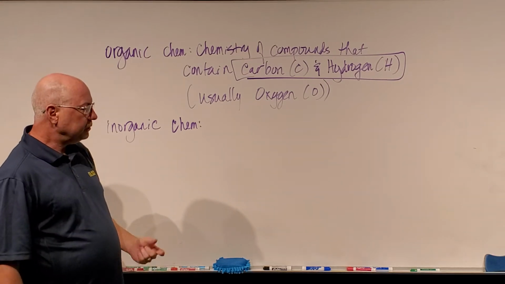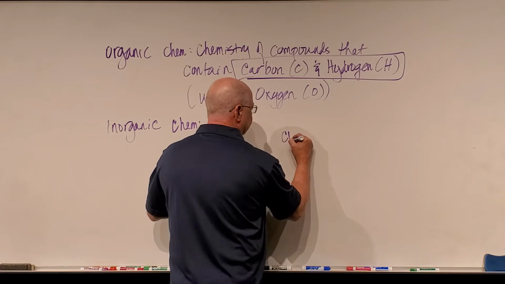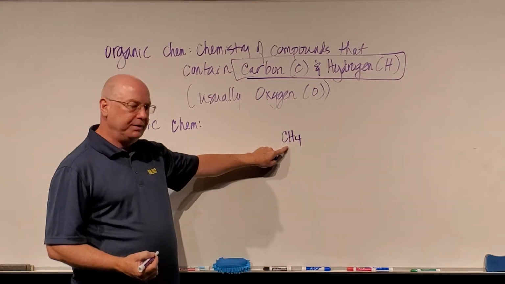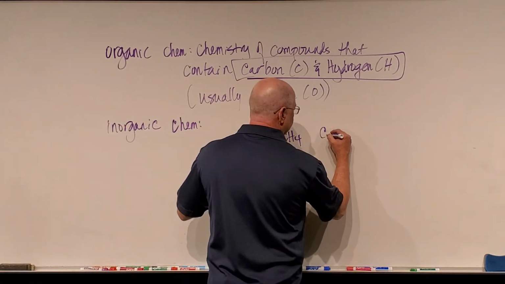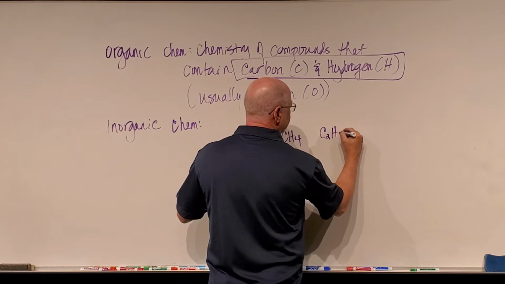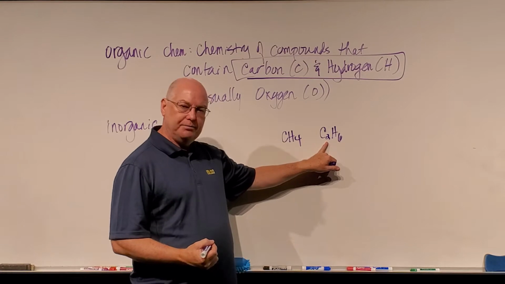So, if I gave you the chemical formula for something, CH4, methane gas, that is an organic compound because it has a carbon and 4 hydrogens. If I have C2H6, that's an organic compound.